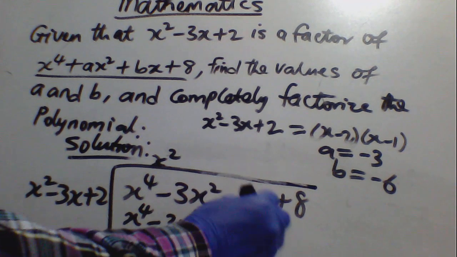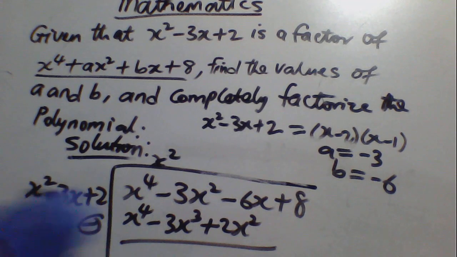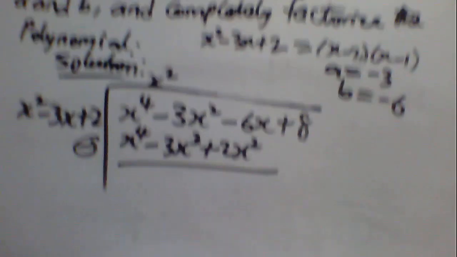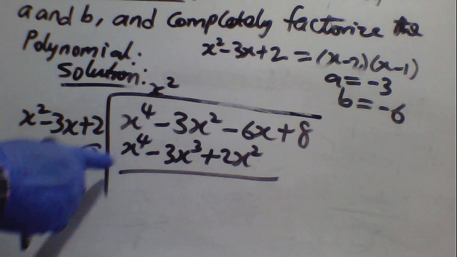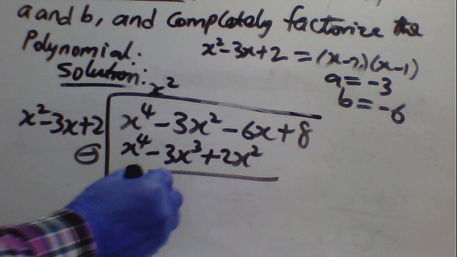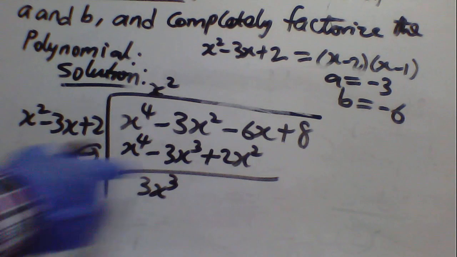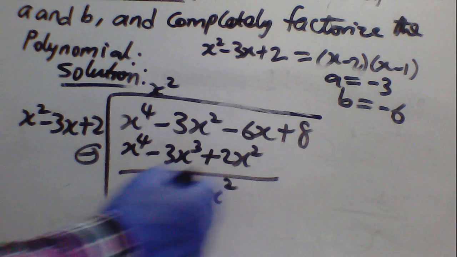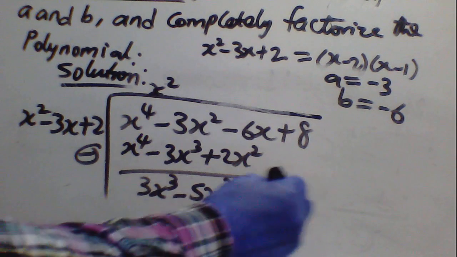Plus 2x raised to power 2. You subtract the values. So subtracting this will clear out, this will become plus. So 3x cubed minus minus will give us minus 5x squared. We bring minus 6x, bring 8 down.